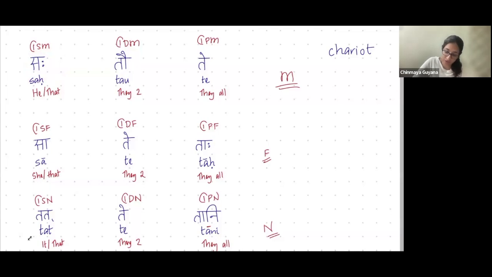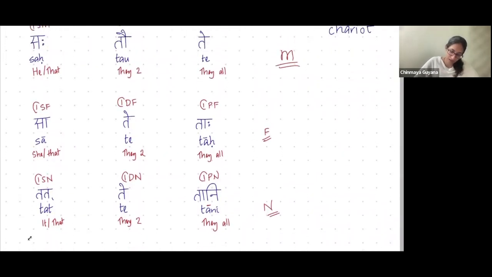So if chariot is a masculine word, then I must use the masculine pronoun. Not because it is a thing, I use it. I must use the masculine pronoun. Okay? Then, so that is masculine. Then you come to feminine. Sa, te, taha.